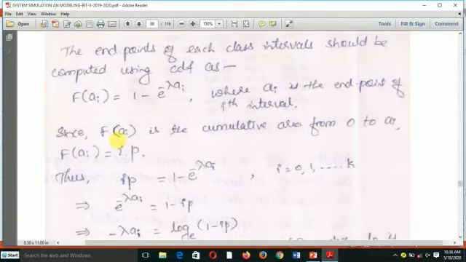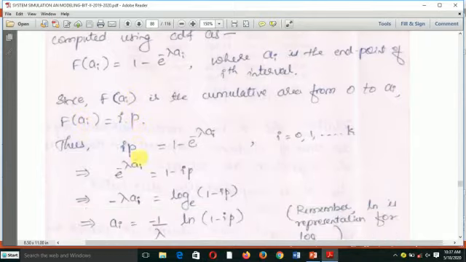Since Ei is the cumulative area from 0 to ai, we calculate the area from 0 to ai using F(ai), which will be equal to i multiplied by p, the probability, for each i going from 0 to k.